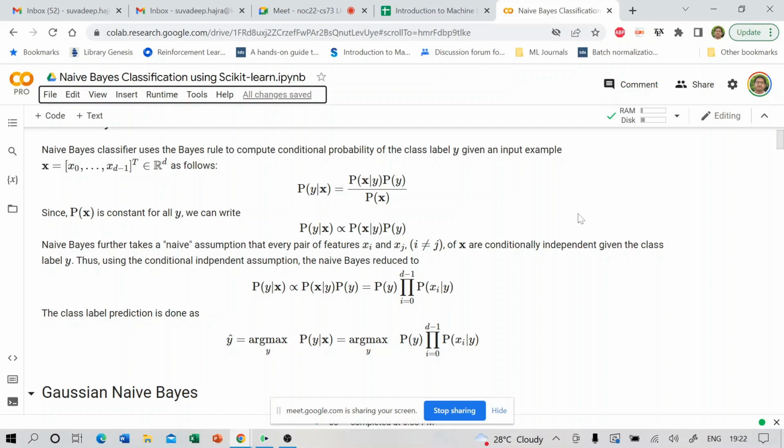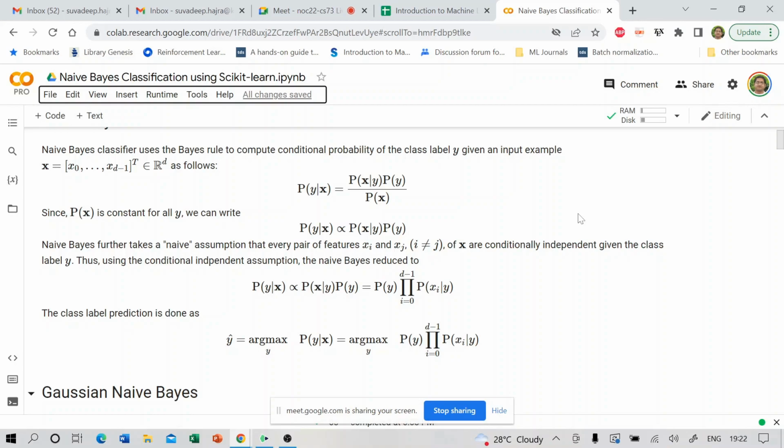Similarly, if your xi's are 0/1 values, binomial data that can be either 0 or 1, you can model this probability using a distribution which supports binomial data, like the Bernoulli distribution. In that case the algorithm is called Bernoulli naive Bayes.